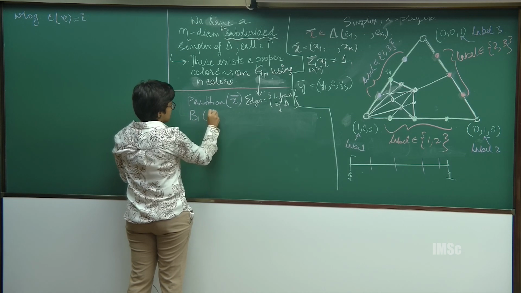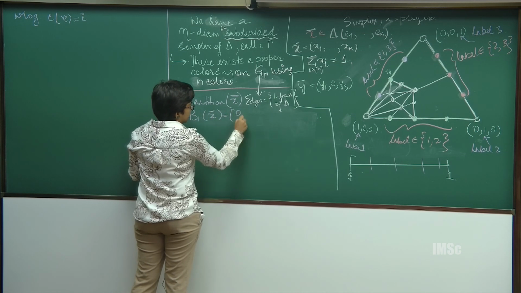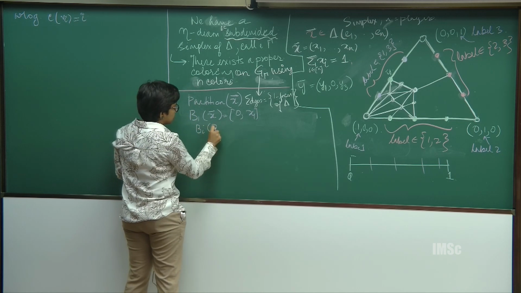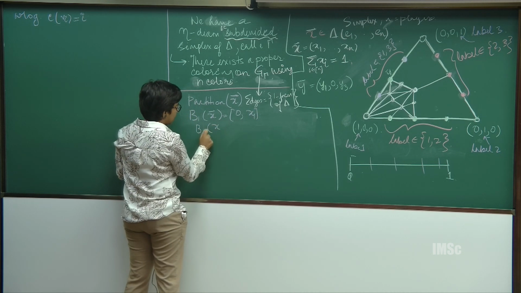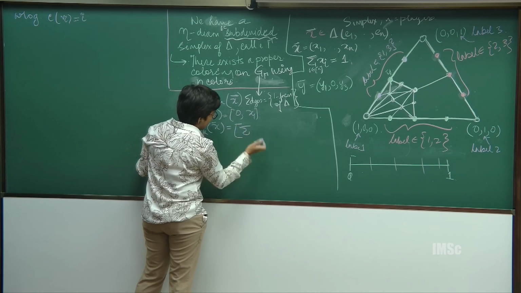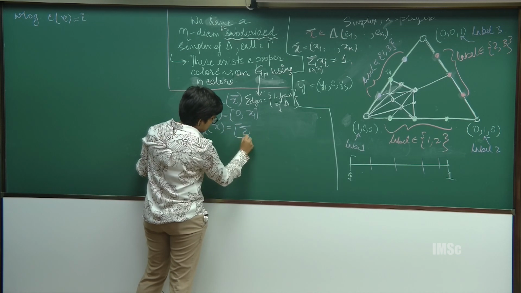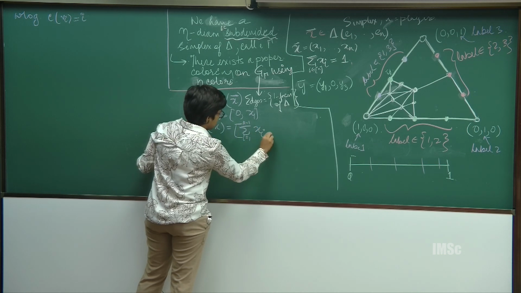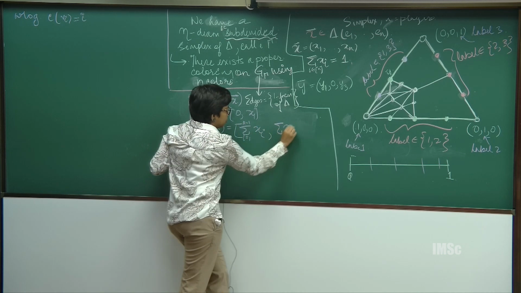B1x is nothing but the interval from 0 to x1. Bkx is the kth interval in this iteratively defined object, with the summation of the xi.